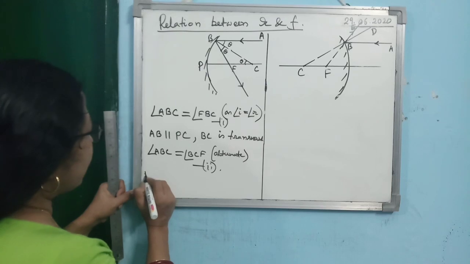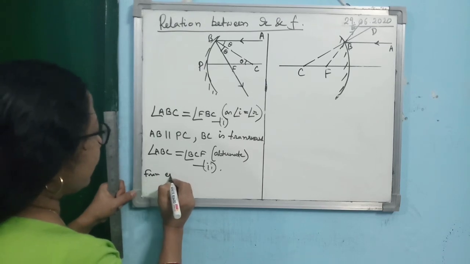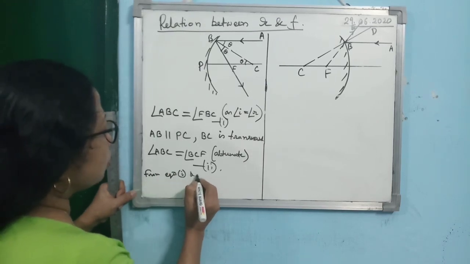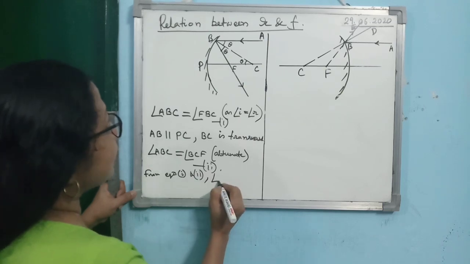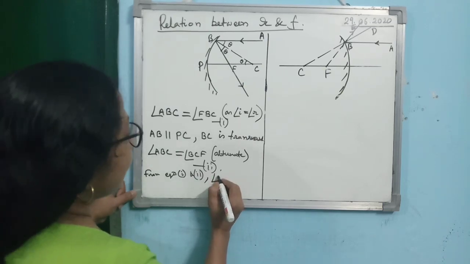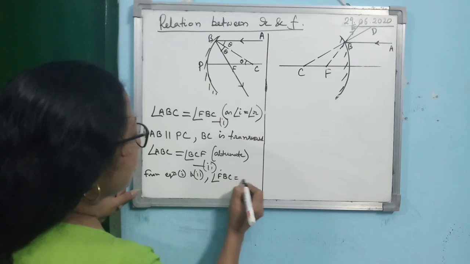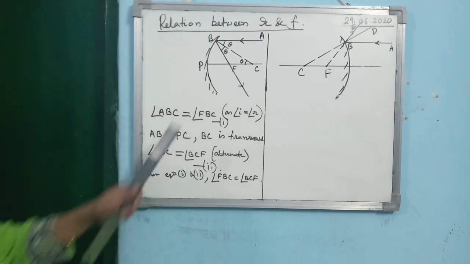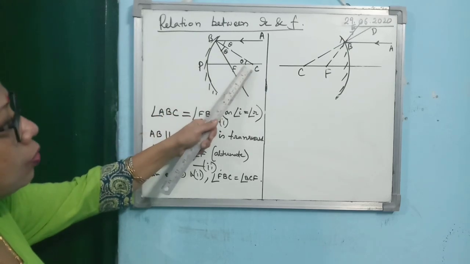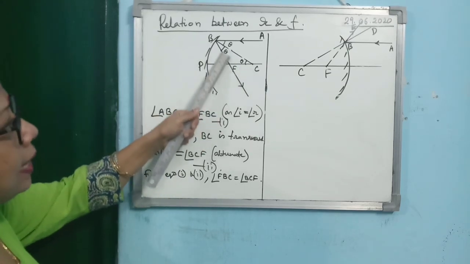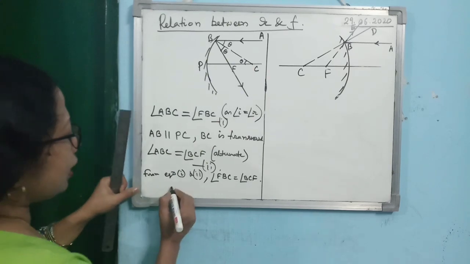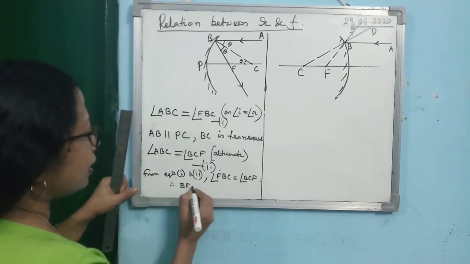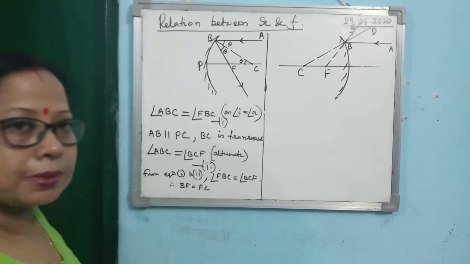From equations 1 and 2, you are getting angle FBC equal to angle BCF. Yes or not? If these two angles are equal, then side BF and FC should be equal. So you can write BF equal to FC.